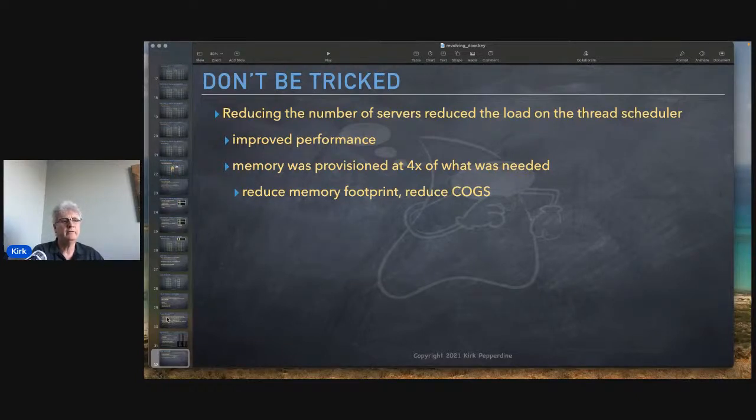And the answer to that was, no, actually, we can't. You need smaller hardware, because what you're trying to do is take the pressure off the thread scheduler. So really trying to understand the resource that's under pressure is really helpful in understanding what you need to do in order to take pressure off of that resource.